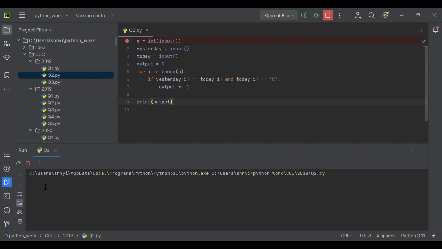But then we have the other one, 7. First, it's all C's, and then C.C, it's like rotating between the C. Okay, this would give us a 4 because now there are 4 places: over here, over here, over here, and over here.